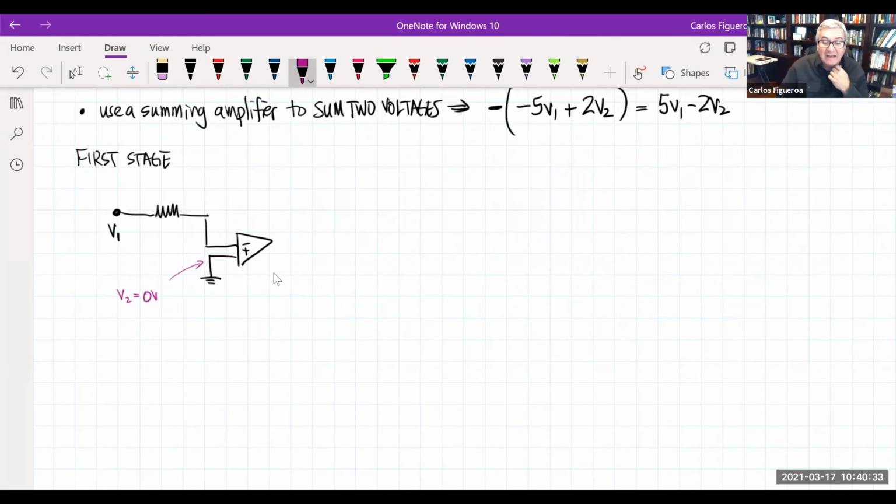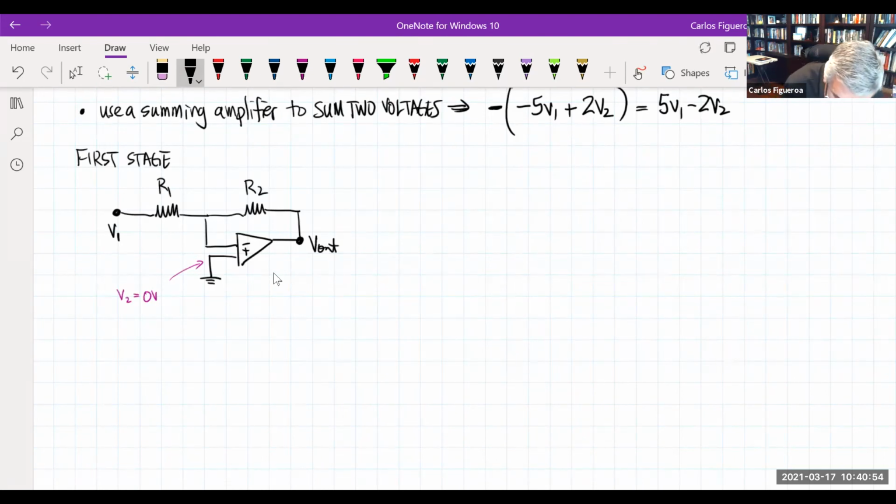And it's that little connection right there that gives you the minus sign. And then I have this resistor. And then this is going to give me my V out right there. So I have R1 and R2.